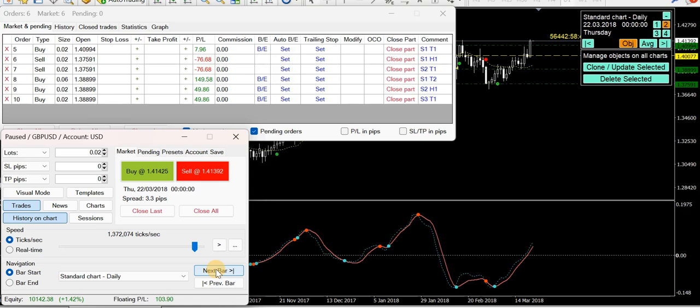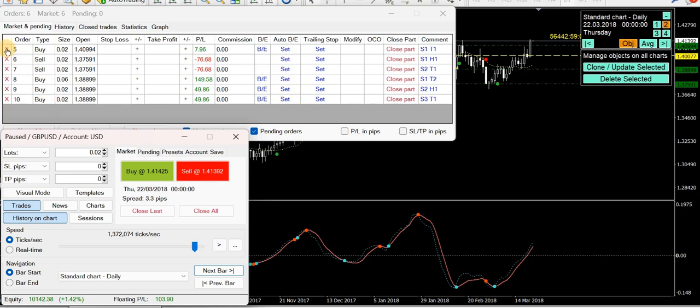Now, what you'd be doing here, this is what I'd be doing. I would close all sequence 1 trades, all sequence 2 trades, and partial close of sequence 3 trade 1 and put a stop in place.